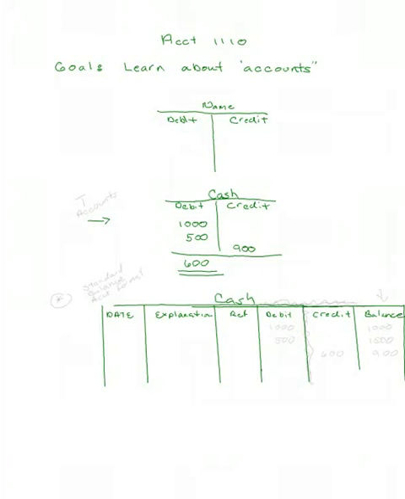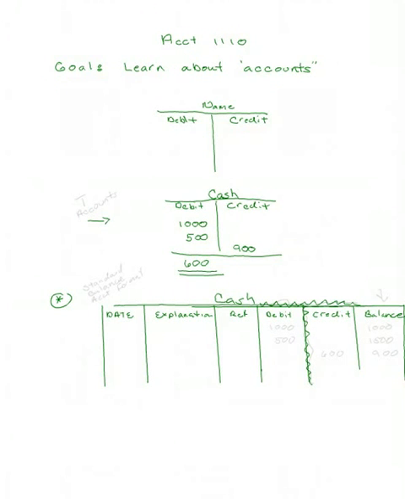accounts, or a standard form of account, looks much more like this. It has a date for the transaction and an explanation, which we generally don't use, but if you're using a computer, it will be transferred in for you. Posting reference, which we'll talk about later, a debit and credit column, and a balance. If you look, there is a T in this account right here.